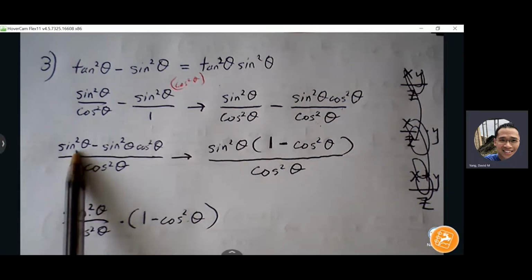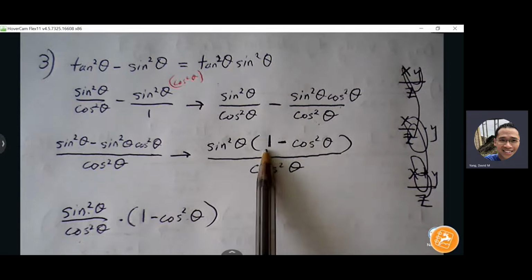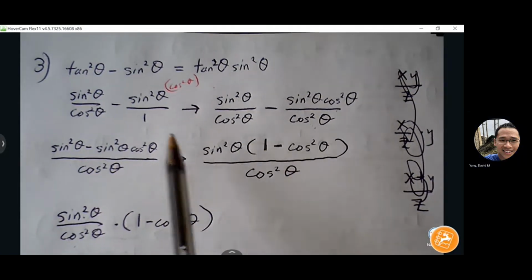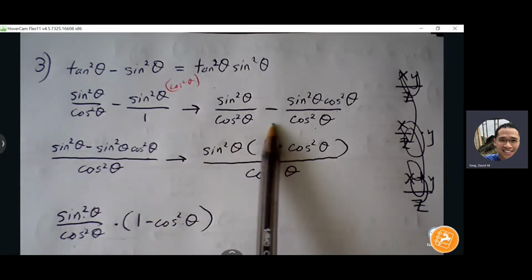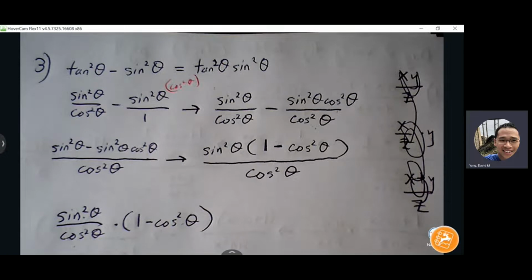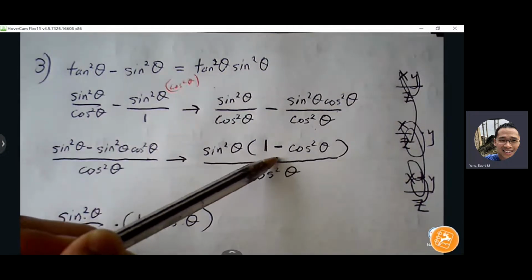Okay, so I factored the sine squared out. When I factor it out, I'm just left with this, because what if I redistribute it through? Am I able to get back to this point here? What's sine squared theta times 1? Sine squared. What's sine squared times cosine squared? Sine squared cosine squared. So what I did was take out a GCF, and when I take out a GCF, I divide by my GCF, and whatever is left over from that process goes inside the parentheses.